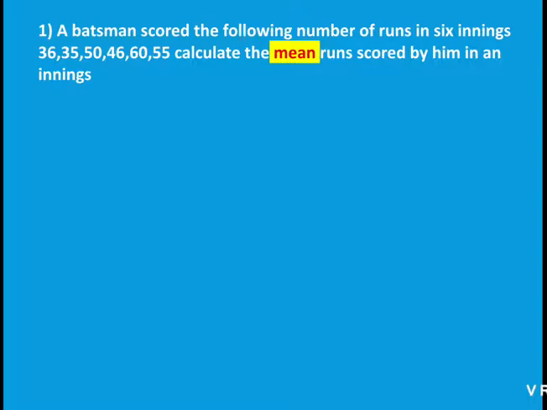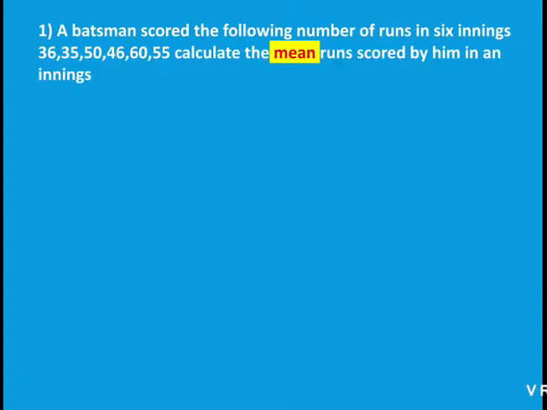Listen, the first question. A batsman scored the following number of runs in 6 innings: 36, 35, 50, 46, 60 and 55. Calculate the mean runs scored by him in an inning. Okay, 6 innings are there.